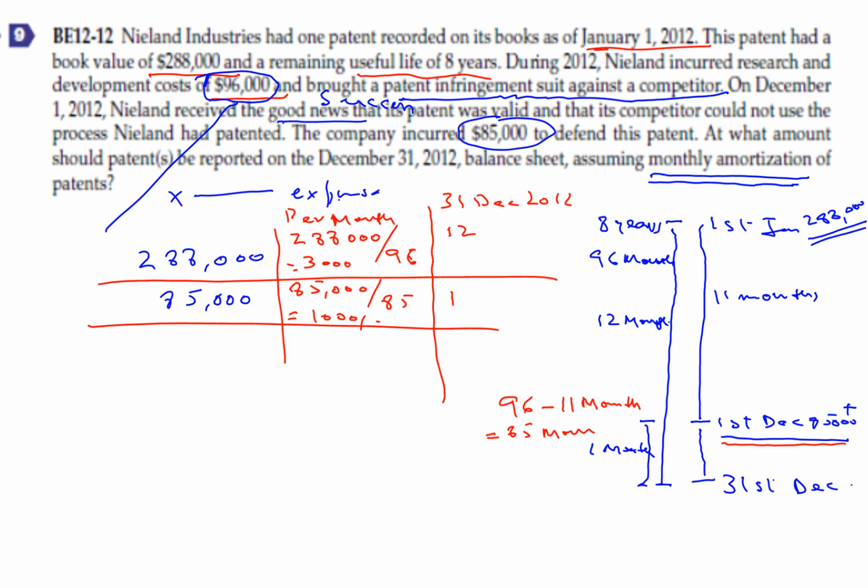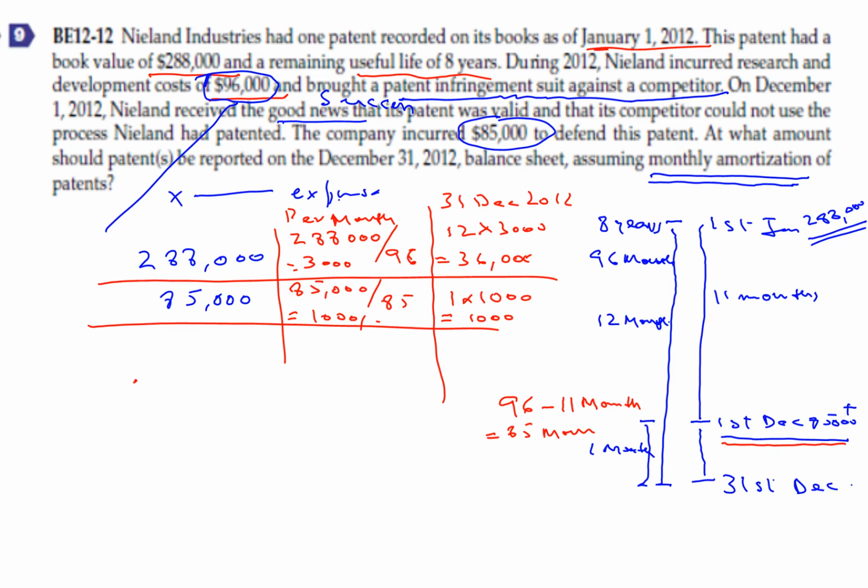So the total amortization expense across the 1 year period, starting January 1, ending 31st December, should be 1 month for this legal expense. We multiply this by 3,000, and we multiply this by 1,000. This is 36,000. And this is how much? 1,000.